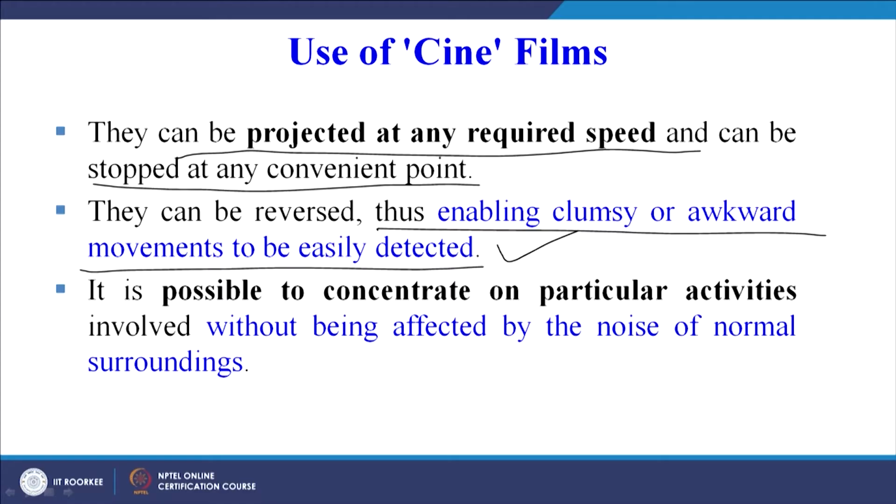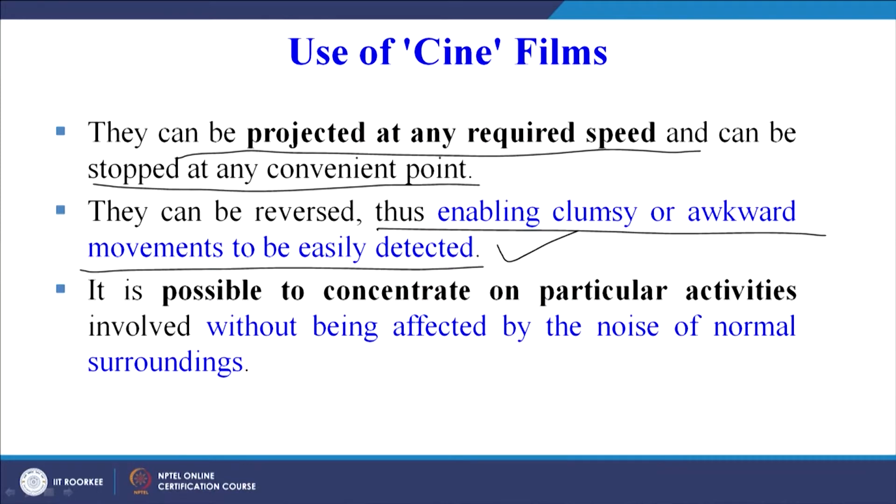Why are we taking so much labor to record the operations being done by the workers? In order to improve them, to optimize them, to economize them. Therefore we need to trace which are the clumsy movements, which are not the right movements, which are against the body motions a person is working with. All those things can easily be traced by reversing the film and looking at it again and again.